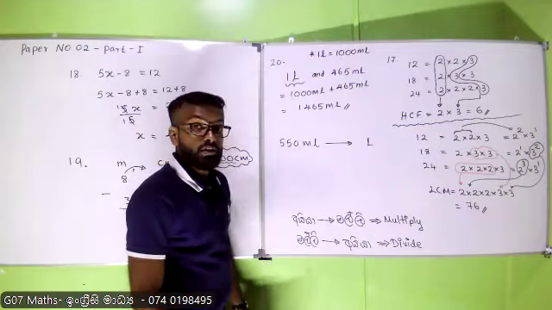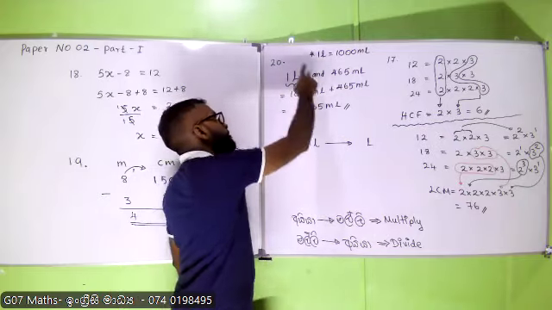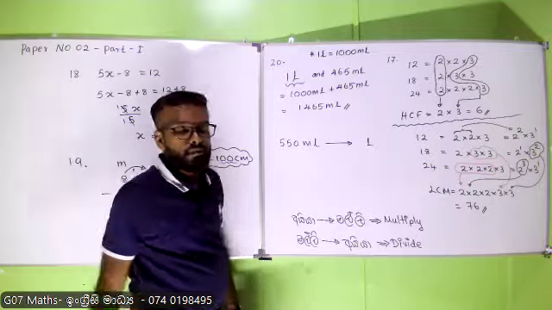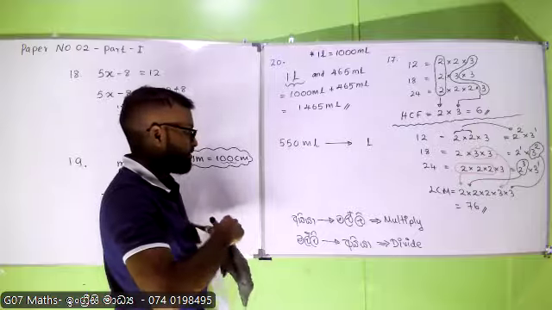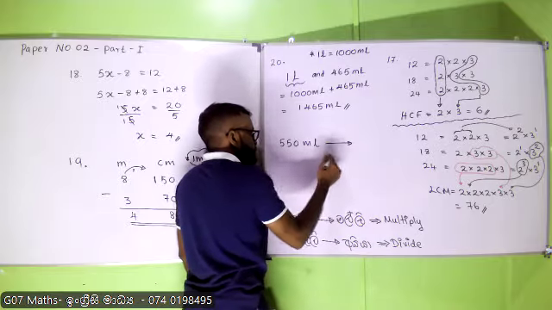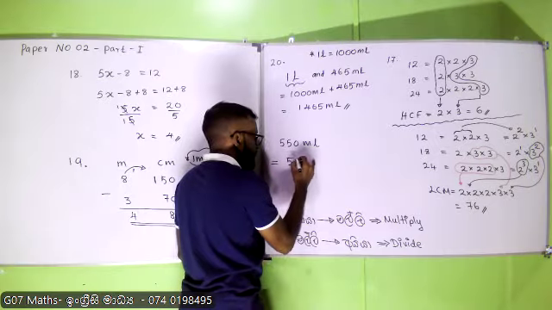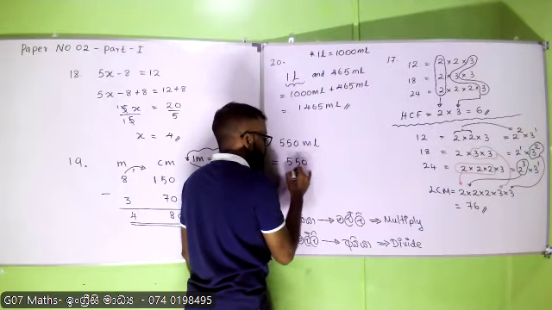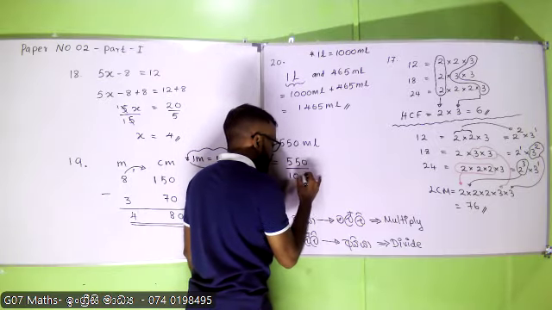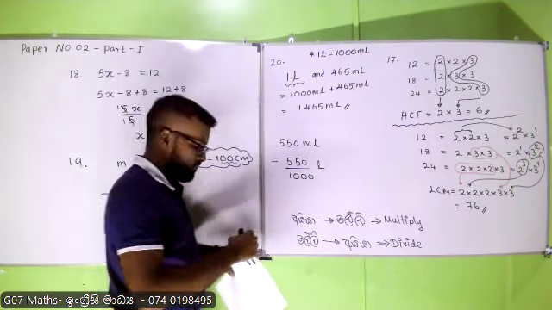Divide by which number? 1000. You have to divide 550 by 1000 so that you can obtain liters.